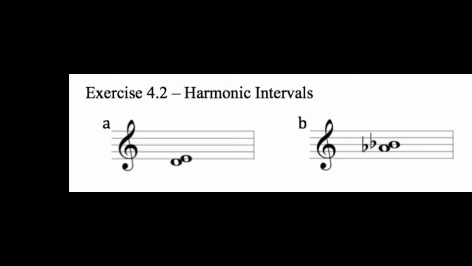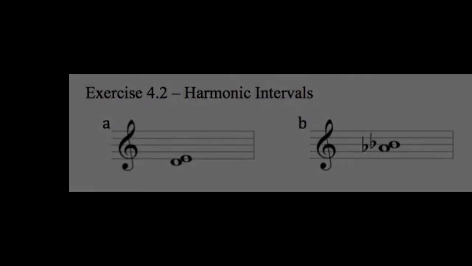To be more precise in the writing and identification of intervals, it is necessary to introduce a new naming system that defines not only the distance between the notes, but also the choice of note names. For example, the sound of a whole step interval, written in the exercise we just saw, could have been written in at least two different ways using enharmonic notes.